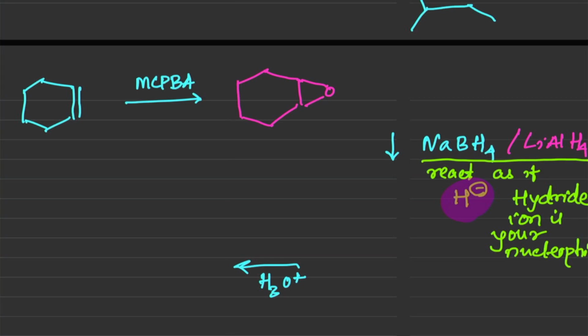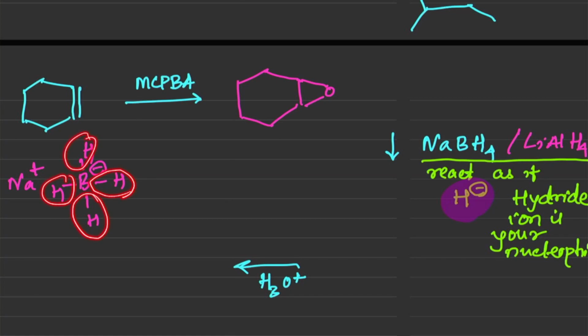Okay, so where do we get the hydride ions? If you look at the structure of sodium borohydride, it's sodium plus and BH, H, H, H, so there is a negative charge here. Now one of these hydrogens with the lone pair will act as a source of hydride ions. I could use any one of them.